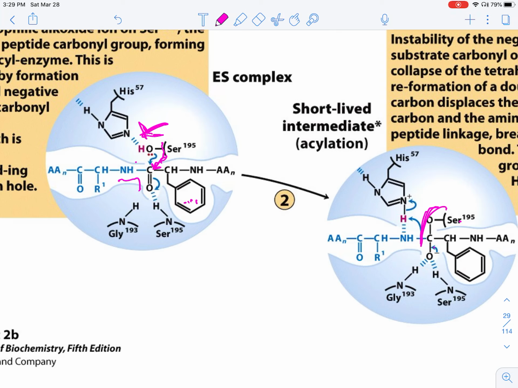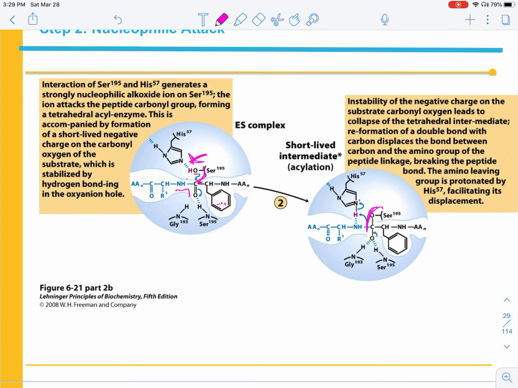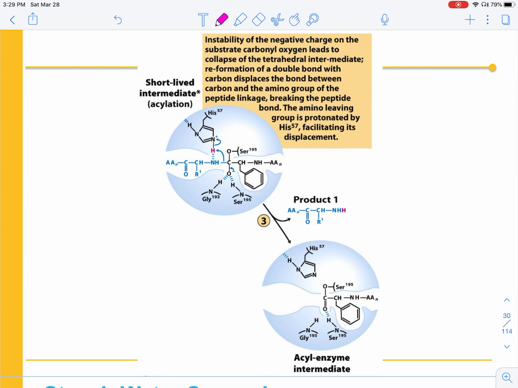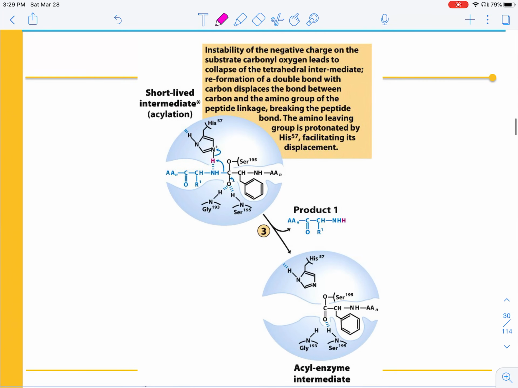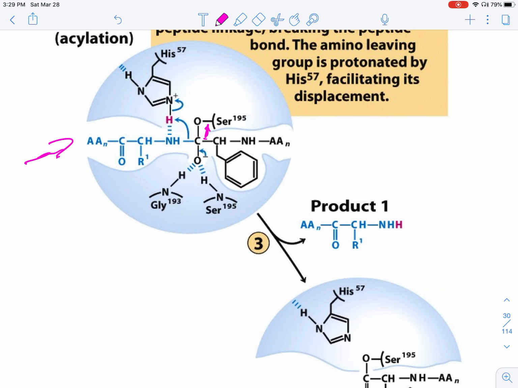In breaking this bond, you have this hydrogen come, you have a new bond formed with this histidine over here. And so here we are from step one and before, you have formed this covalent bond between the serine and the carbon of the peptide bond.